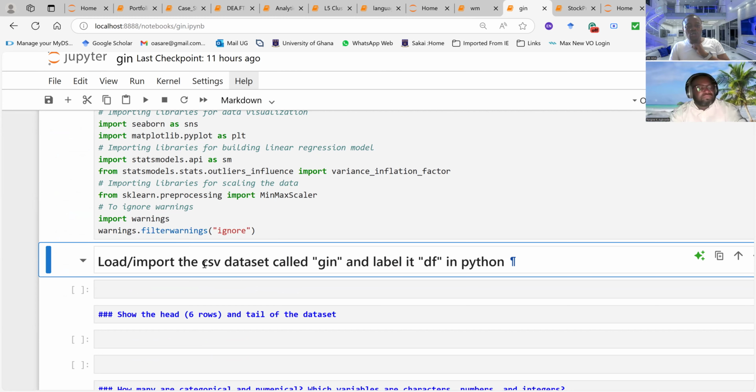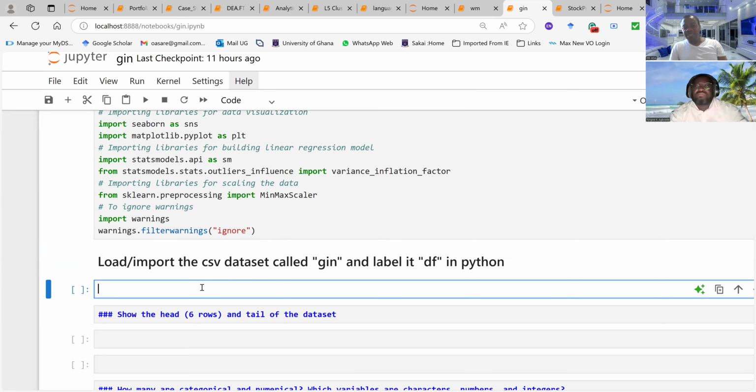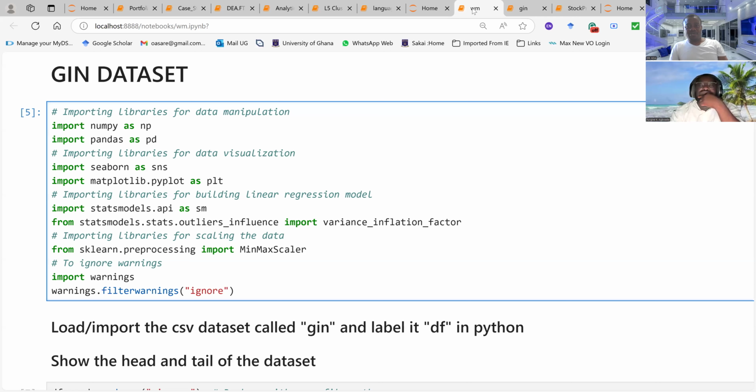I want you to load the data set, which is called GIN, and then when you bring it into Python, call it df. So you're going to type a command here to be able to execute that. Can you do that?